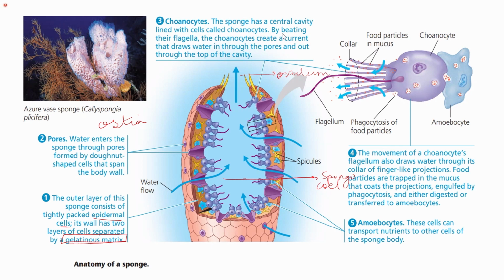Then we have choanocytes. The sponge has a central cavity which is lined with cells called choanocytes that have flagella. The beating of these flagella creates a current that draws the water in through the pores and out through the body cavity, right?